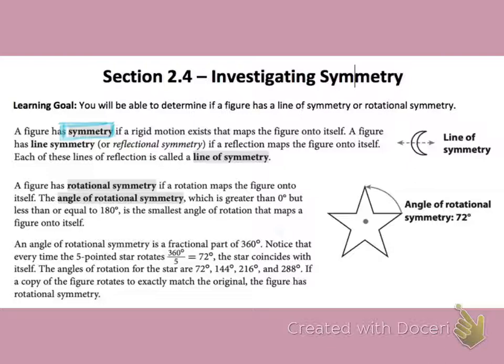So a figure would be said to have line symmetry, or what's called reflection symmetry, if a reflection maps the figure onto itself. Each of these lines of reflection is called a line of symmetry. So that's like the symmetry maybe we think of when we think about, say, the human body. If you look on the outside, it's pretty symmetric.